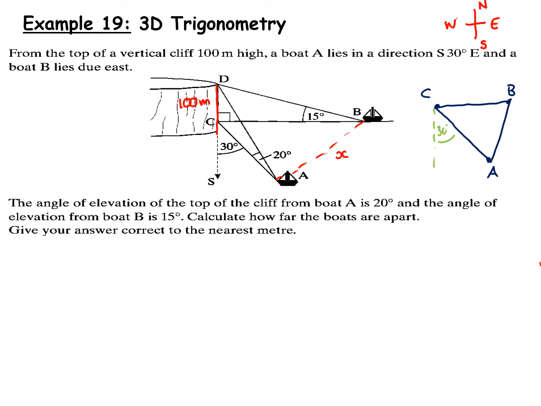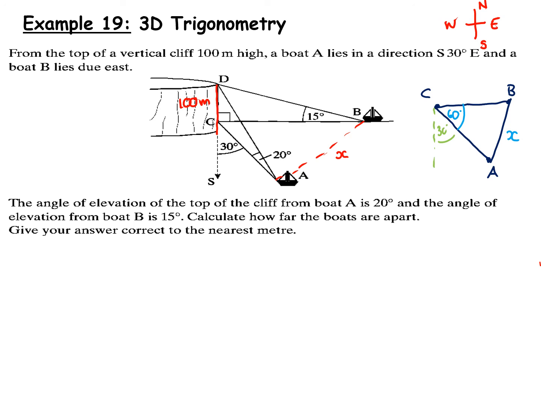And we're looking for x. But we do know that because C to B is due east, and C down the green line is south, then this whole thing should be a right angle, which means this angle here is 60 degrees. So we do actually know something about that triangle.